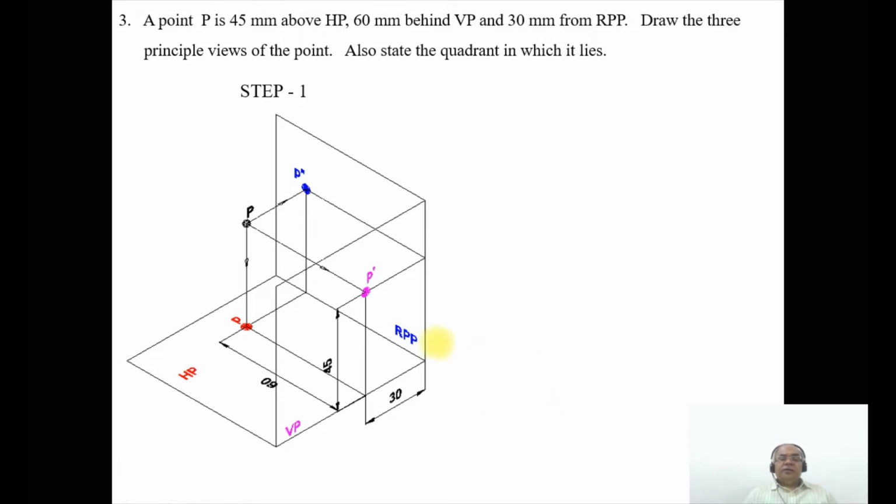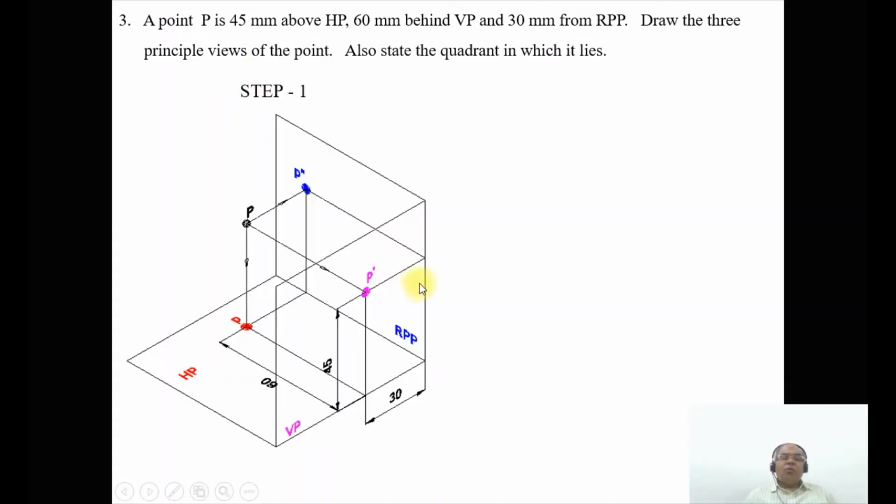I repeat, when the observer is looking from the front view, the plane is between the object and the observer. That is with respect to the vertical plane. When the observer is looking from the top, what happens? The object is between the plane and the observer. So that means when you look from the top view, from the observer's point of view, the object is between the plane and the observer.